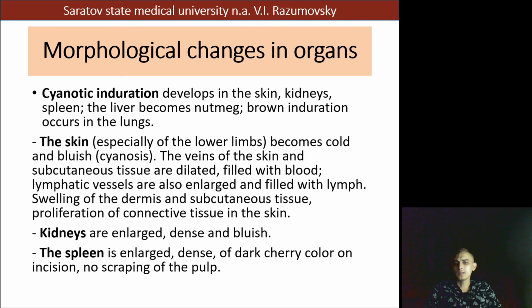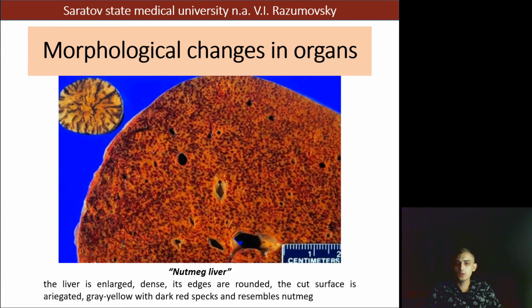In this slide you may find macroscopical picture of liver in chronic venous hyperemia. It has the name nutmeg liver. The liver is enlarged, dense. Its edges are rounded. The cut surface is variegated gray-yellow with dark red specks and resembles nutmeg.